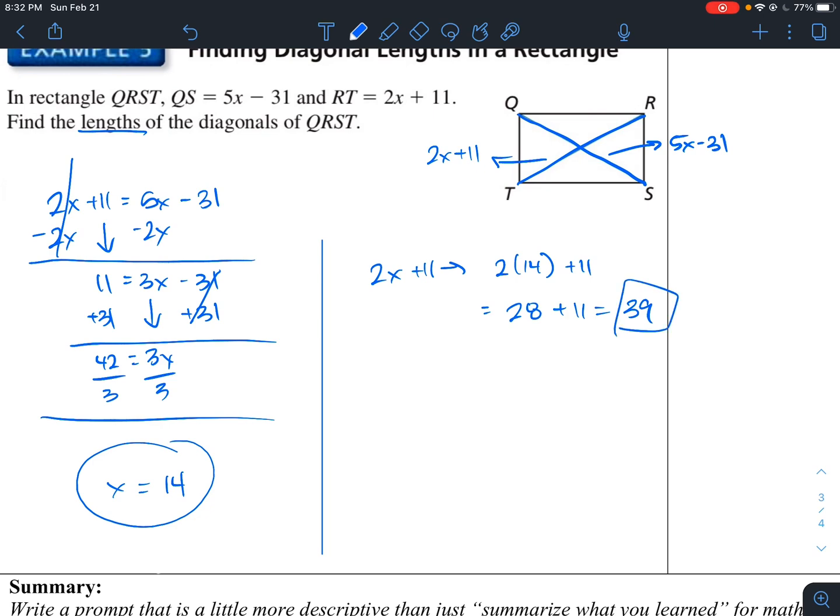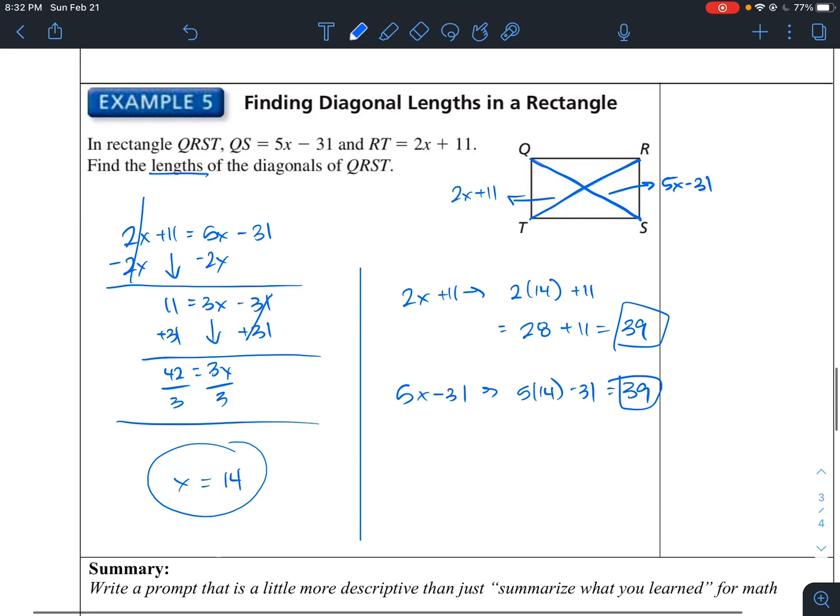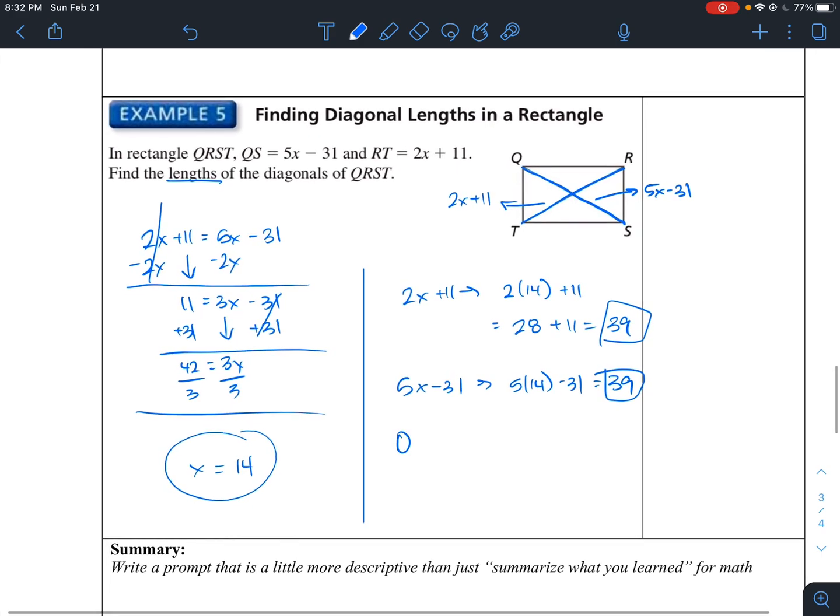And here's the thing, because the diagonals are equivalent to each other, when I plug 14 into 5x minus 31, so 5 times 14 minus 31, this is going to equal 39. Now you can verify that, no problem, but we know that the diagonals are equivalent to each other, so that means the lengths are going to be 39. So QS, which is equivalent to RT, is going to equal 39.